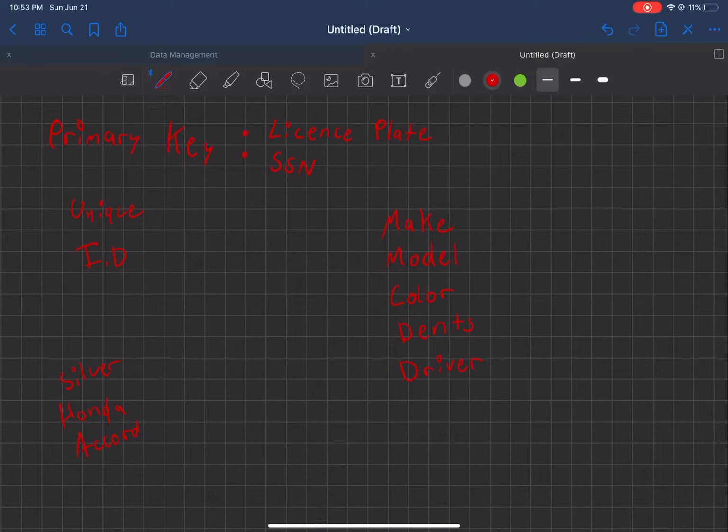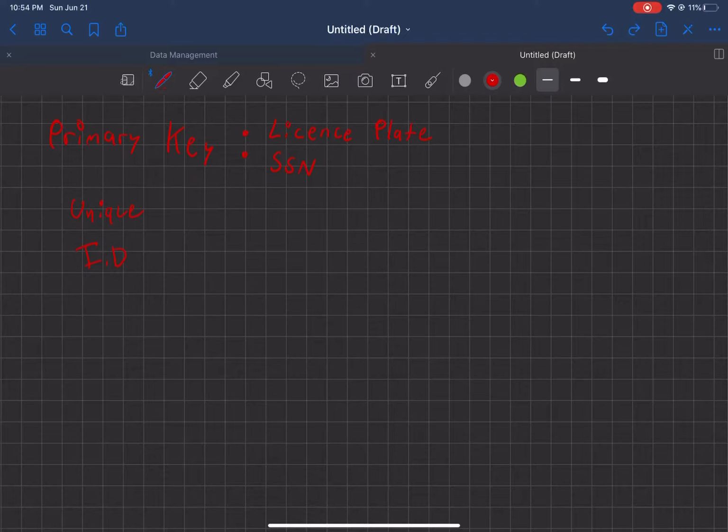The only way to correctly identify that car that hit you would be the license plate. Why? Because the license plate is unique to that car and that car only. It's a unique identifier. It's the primary key of that car.